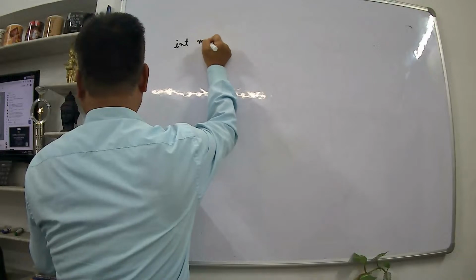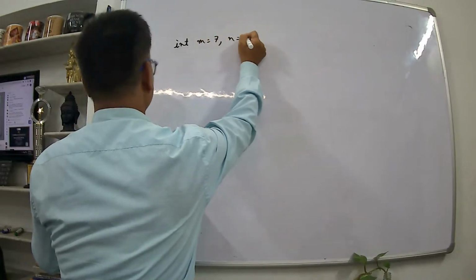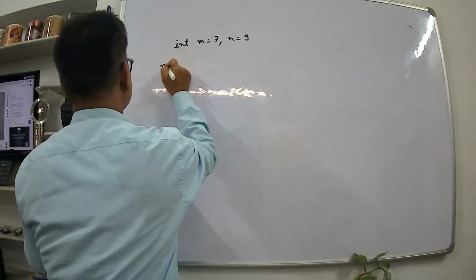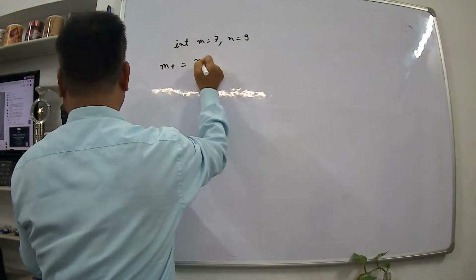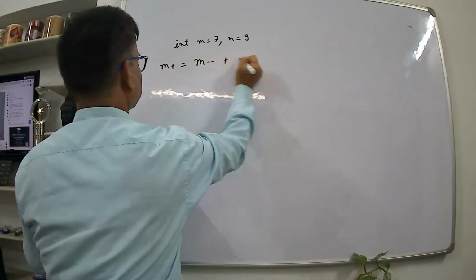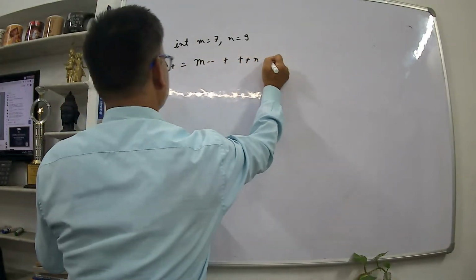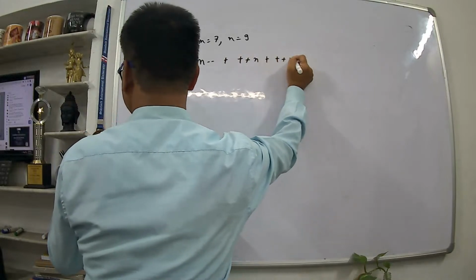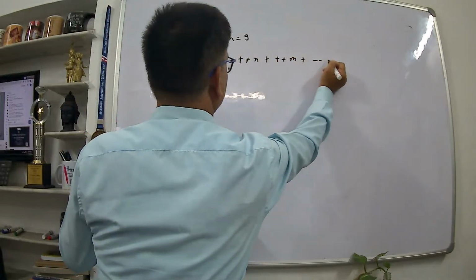int m equal to 7, n equal to 9. The question is m plus is equal to m minus minus plus plus n plus m plus minus n.